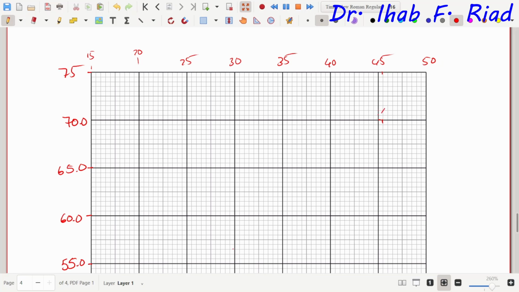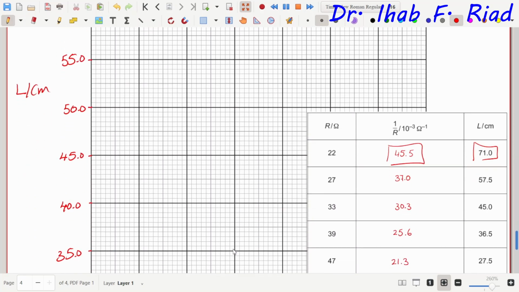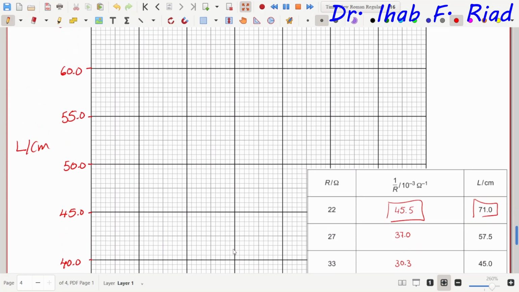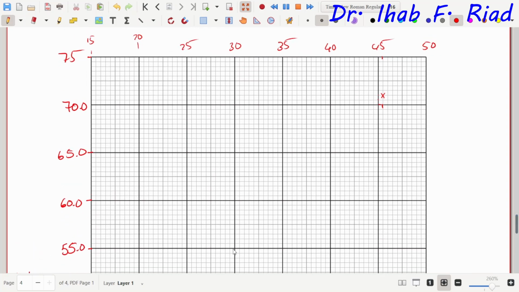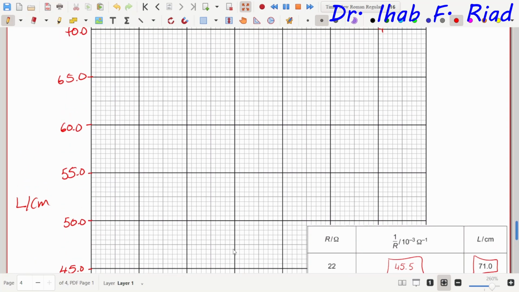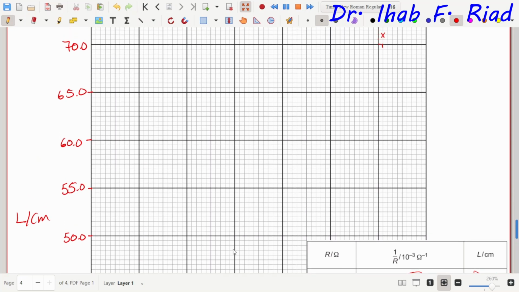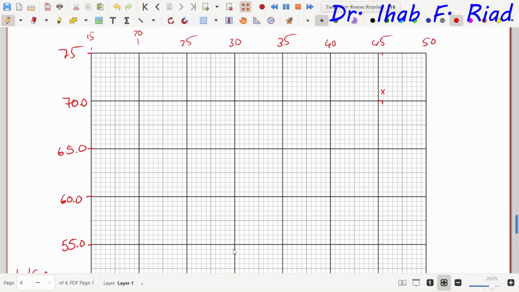So the data point is over here. Again, we have 37 and 57.5. So where is 57.5? It is going to be around here. So this is 35.